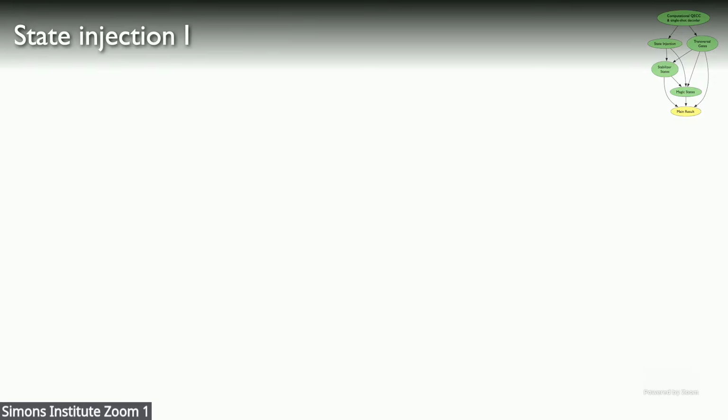So finally, I have to tell you how I'm going to prepare these noisy input states for the state distillation. And this is where I'm going to use the qLTC property.